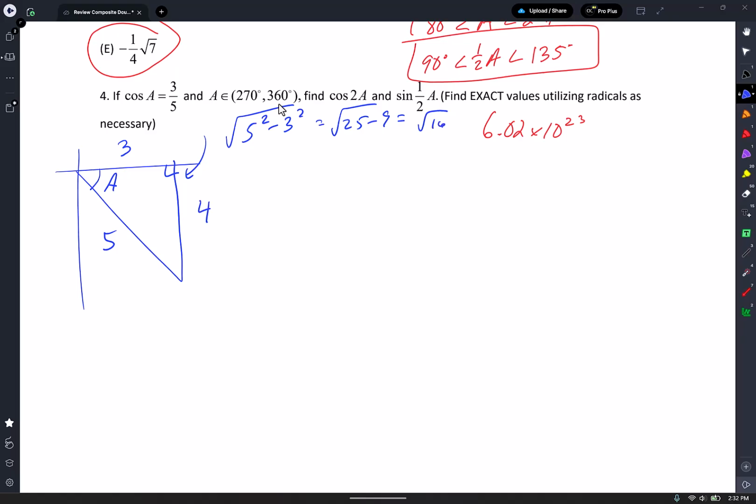Now, because I'm in quadrant 4, the vertical displacement has to be negative. So put a -4 in front of that. Are we okay? Okay, here we go. Do you remember? There's actually so many ways you can do cosine 2A.